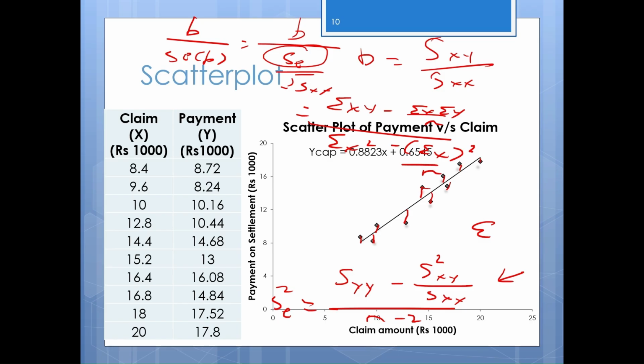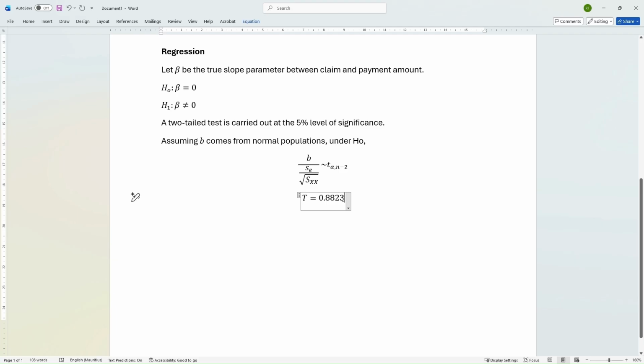And where was I? 0.8823, and the whole thing you divide by the residual standard error. Now the residual standard error, as I explained to you, we will take the sum of squares. Let me first of all start with the variance.